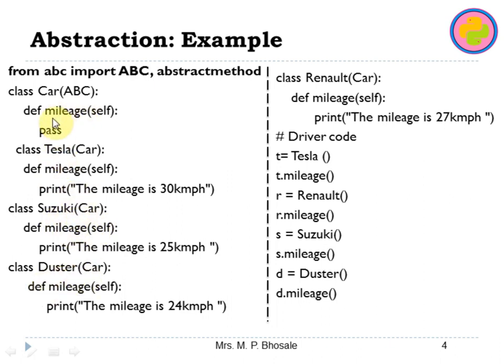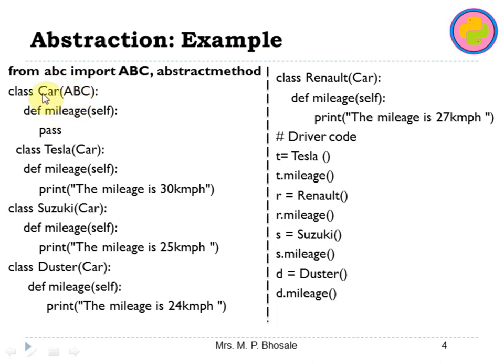So this mileage is known as an abstract method, and this Car is known as an abstract class. Car becomes an abstract class because it is inheriting the capital ABC class, which has been taken from the abc module.